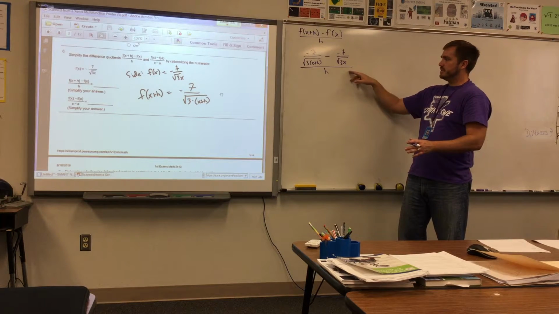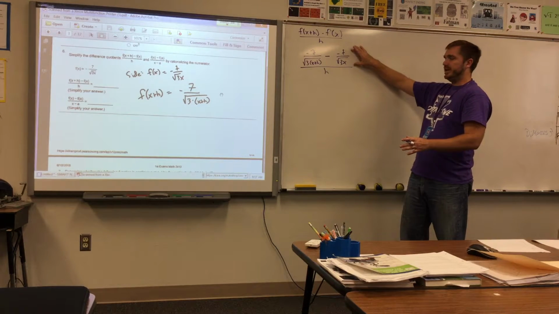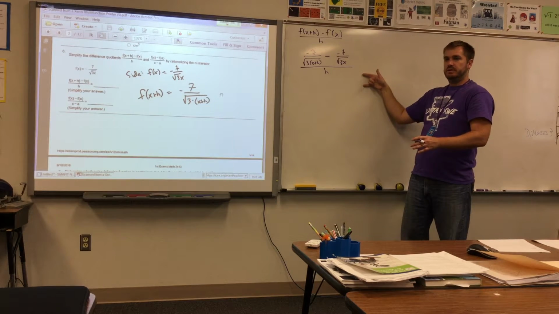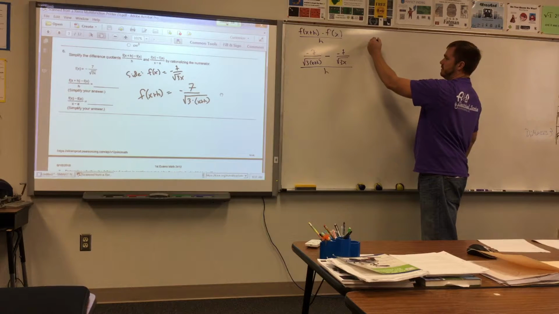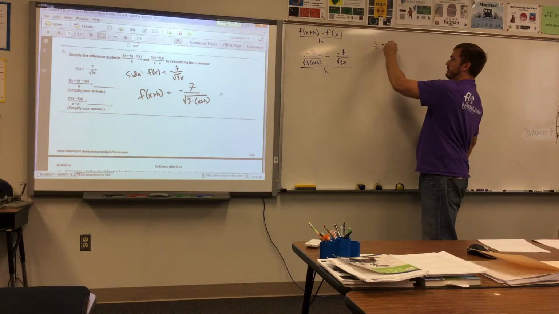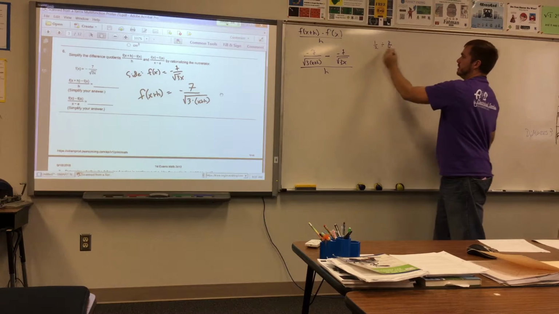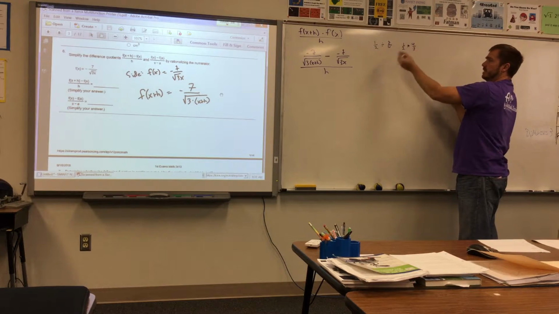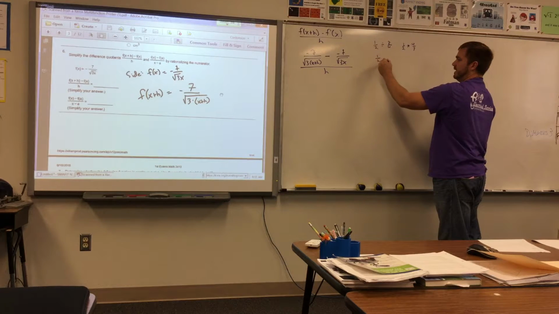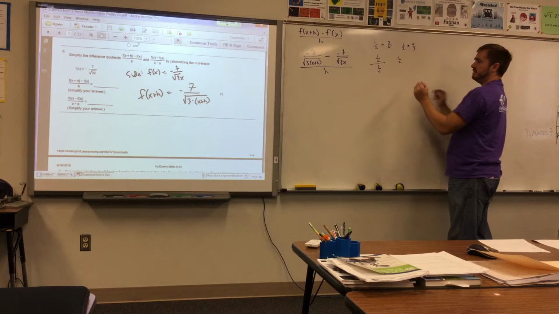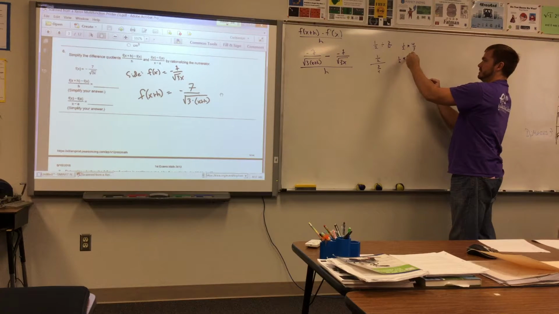So what I'm going to do first off is keep the numerator as is, and then multiply by the reciprocal of the denominator. If you remember good old division, which you saw in junior high, 1/2 divided by 3/4, you did 1/2 times 4/3. 1/2 divided by 3/4 would be the same thing as 1/2 times 4/3.